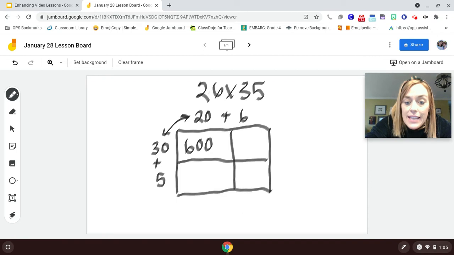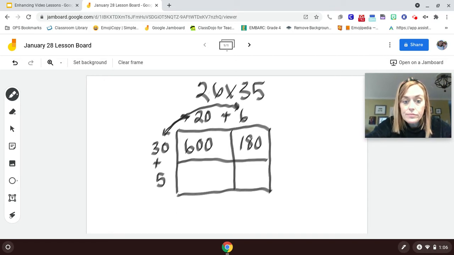Now in my second box next door here, I'm still using 30, but now I'm multiplying it by 6. Again, I'm going to act like that zero's not there, and I'm going to say, what is 3 times 6? Well, knowing my multiplication facts, you can tell me that 3 times 6 is, and that's right, it's 18, and I bring back my 0. So now I have 180.